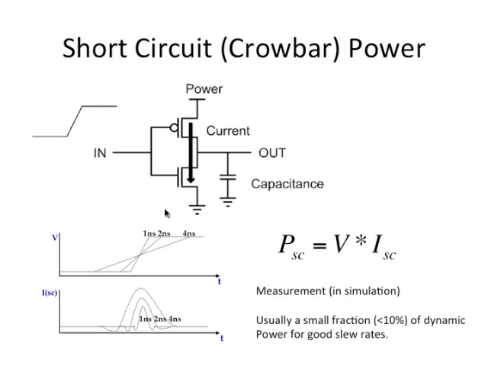So let us take one extreme, where you have an ideal step at the input. When you have an ideal step at the input, you should have zero short circuit current from the output, whereas if you have a very slow ramp, then you actually see the difference.